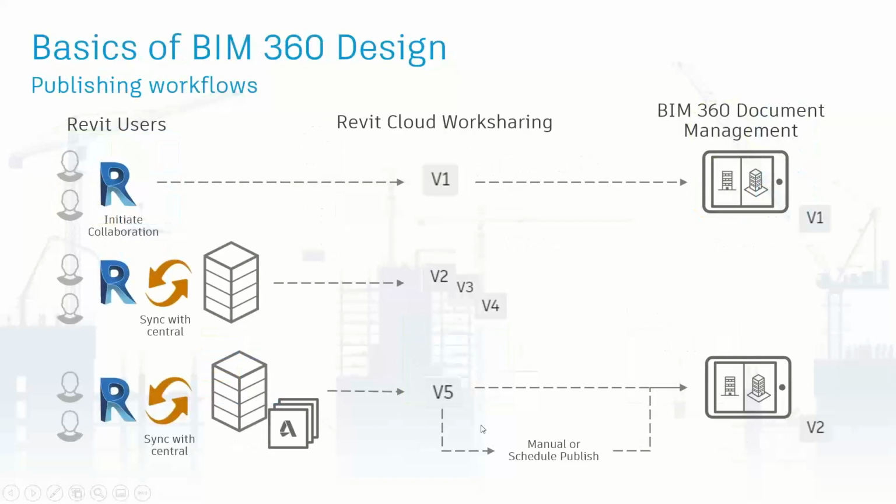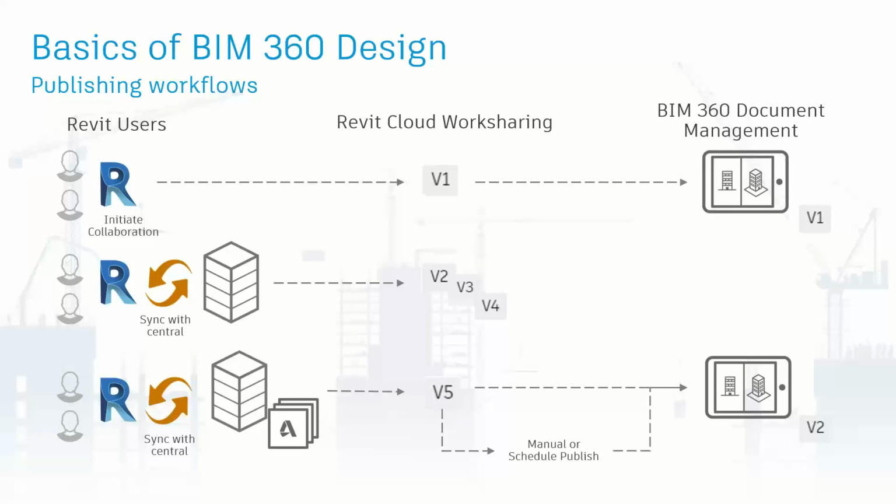And how does this collaboration start? Now that we have gone through what BIM 360 is and the terminology, we look at how we start working with Revit and BIM 360 Design in our models. This process starts with a Revit user that wants to start collaborating.